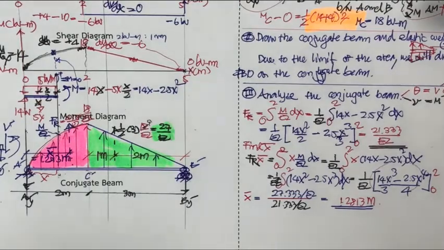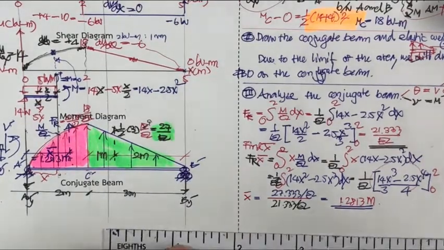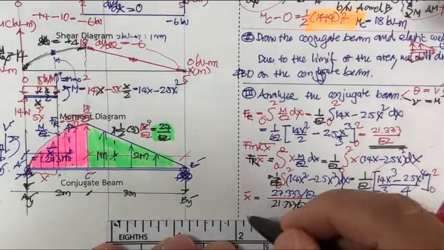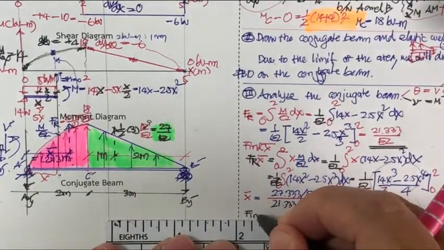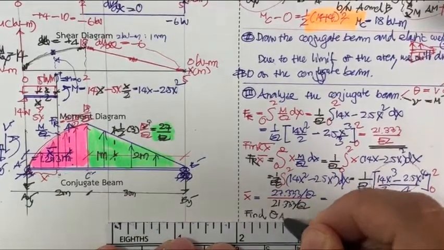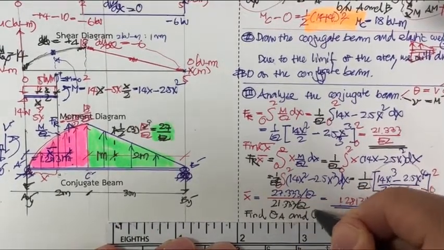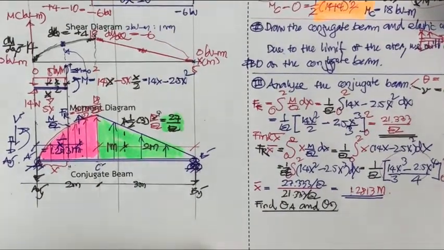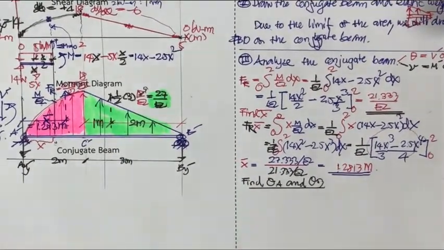Okay. Then we're going to find theta A and theta B. Next, to determine this, we got to find the reaction.